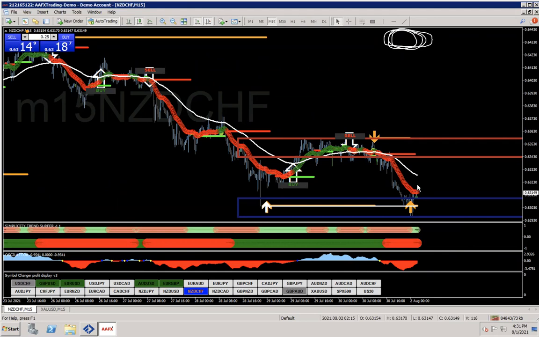So we're gonna look for an arrow here. But if it's in between these boxes, I don't trust those. As you can see, it didn't run far. I only take arrows that are either in the box or slightly above or below the box, but I don't take them in the middle like that because they aren't reliable.